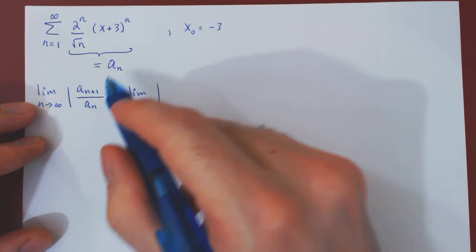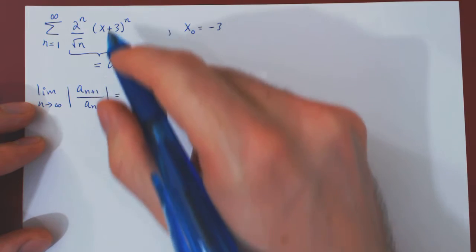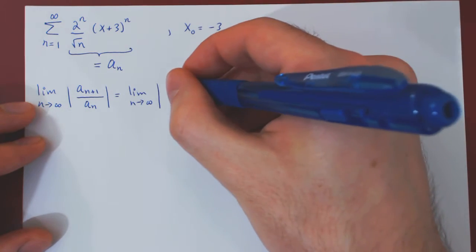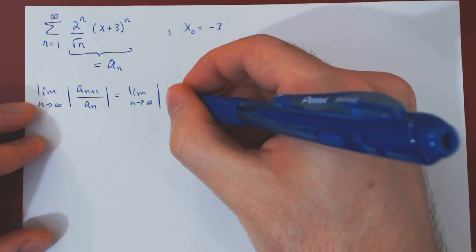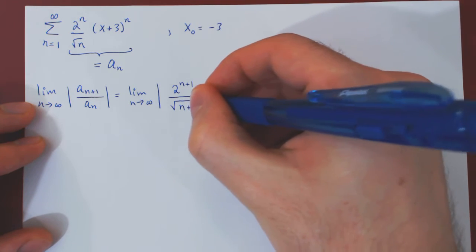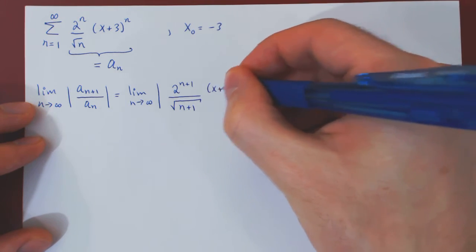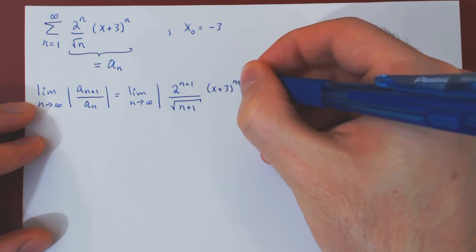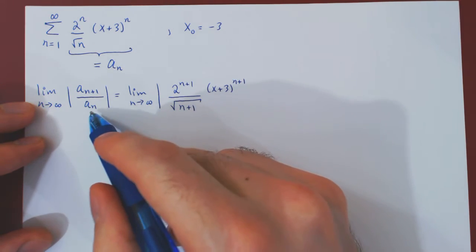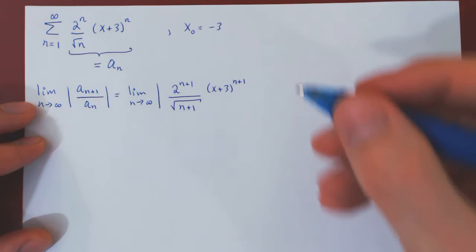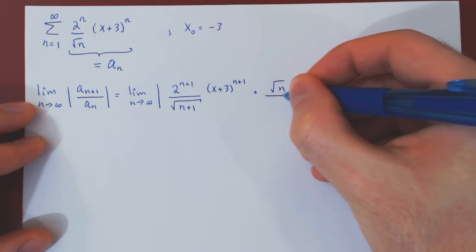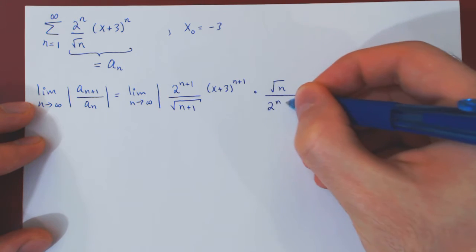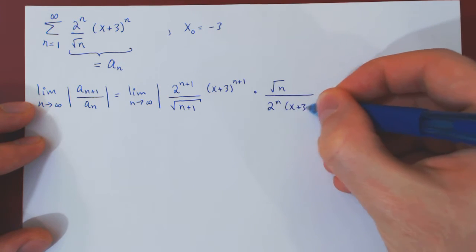To obtain an plus 1, simply replace the subscript n by n plus 1, which will give you the term 2 to the n plus 1 with the root of n plus 1 times x plus 3 to the n plus 1. And dividing by an is the same as multiplying by the reciprocal, so multiplying by the root of n over 2 to the n x plus 3 to the n.